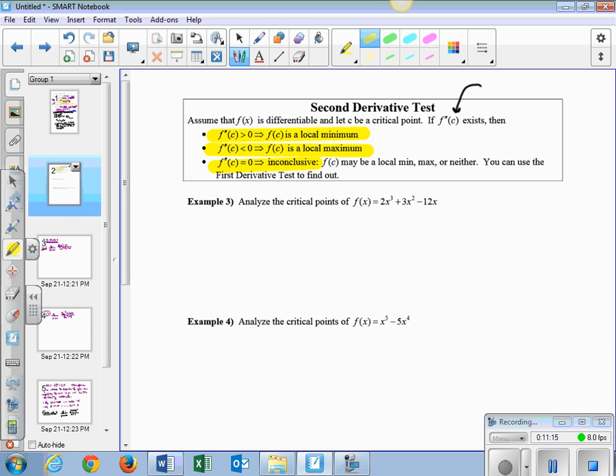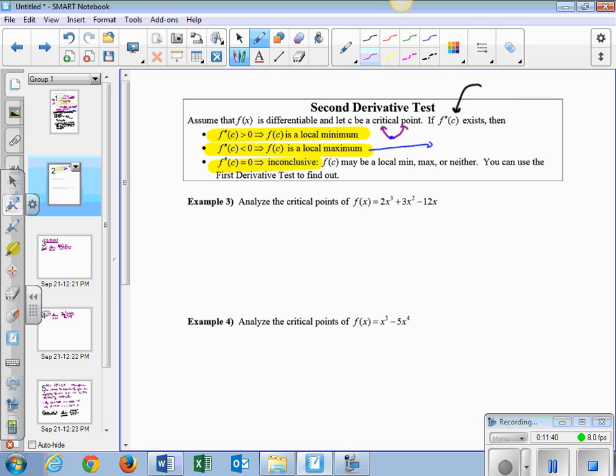So let's think about this. The reason why we can use this is I am looking at whether my second derivative at that value is greater than 0. If my second derivative is greater than 0, that means it's concave up. So my critical point is going to occur right down here, so you see it's going to be a minimum.